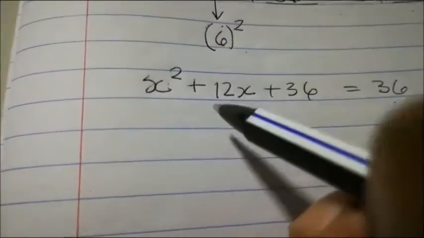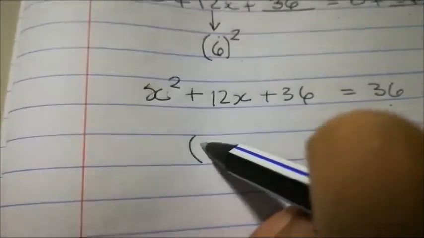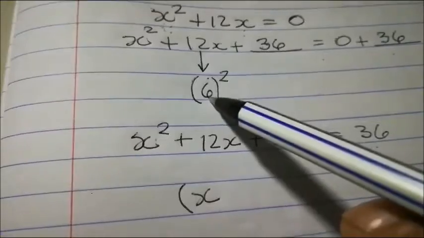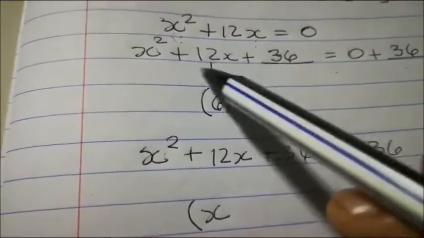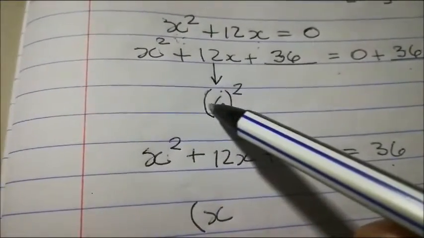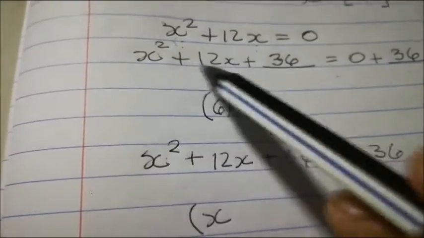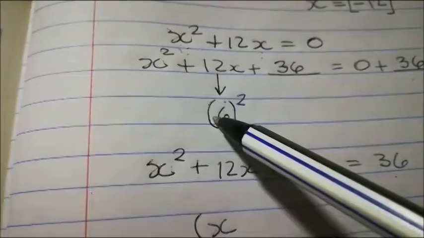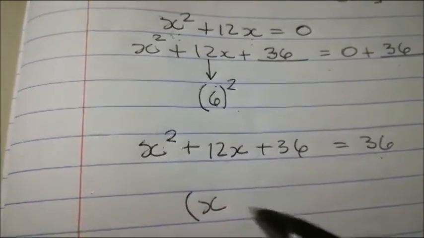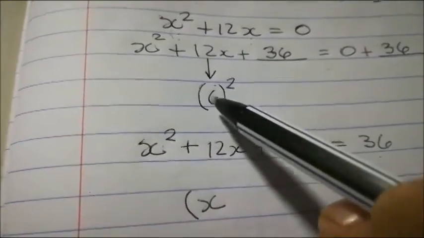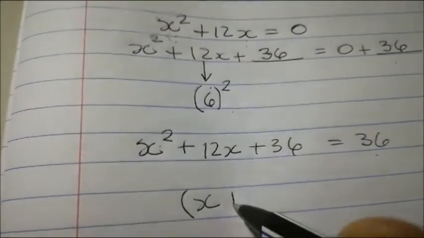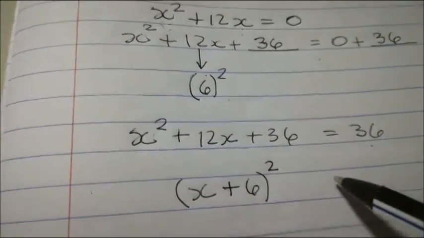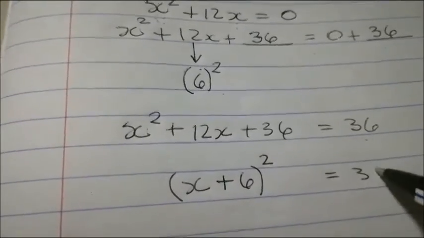We factorize this by putting x in a bracket, and we add this 6 to the x. Whenever we half the coefficient, and it becomes 6. If this was a minus 12, half of minus 12 will give us minus 6, and I would have to put the minus 6 in this bracket as well. But because this is a positive 6, we just simply add the 6. And then we square everything. And that is going to equal 36.